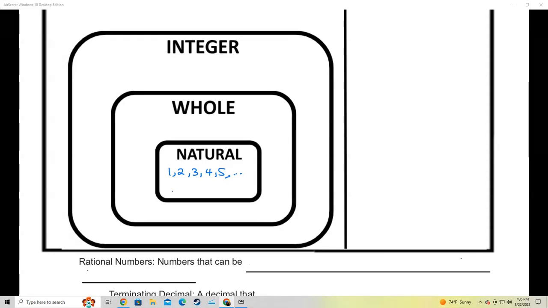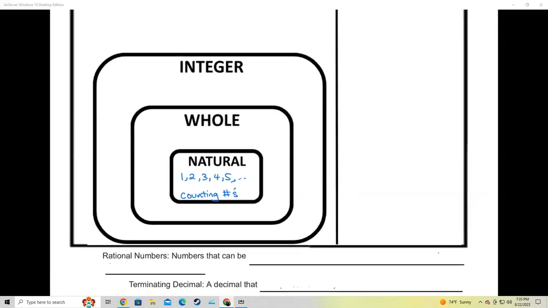So all of the counting numbers are natural numbers. That takes care of what a natural number is. It's basically any number that you would count. Now, you can count pretty high. Just because I didn't write them down, I want you to understand you can count up to 105. That's still a natural number because you would count up to that number.